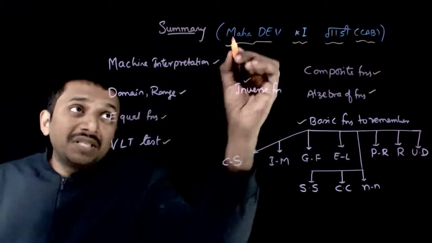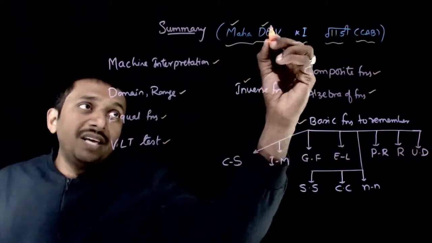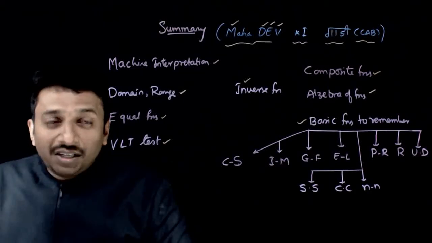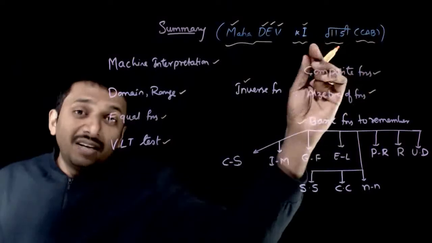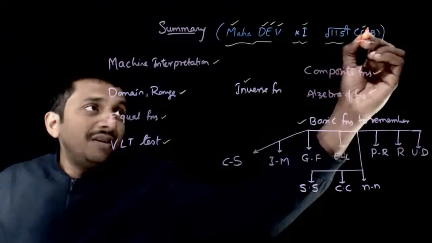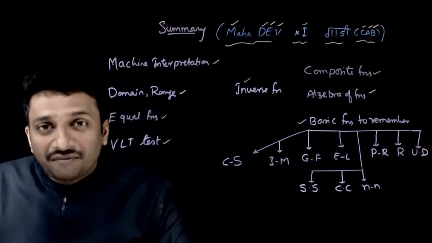M stands for machine interpretation, D for domain and range topic, E stands for equal functions topic, V stands for VLT topic, I stands for inverse function topic. In the gaadi, in the cab, C stands for composite function, A stands for algebra of functions, B stands for basic functions.